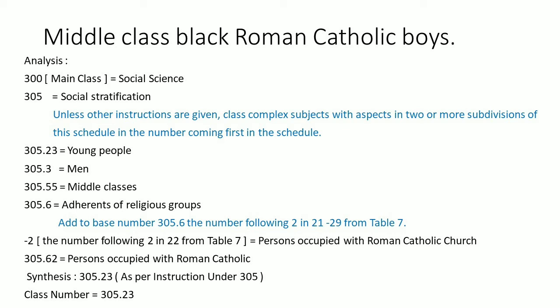I have written all the instruction and I have added Roman Catholic from table 7. The notation is 305.62. Here I have added the 2 after the 6 from table 7. It will indicate the person occupied with Roman Catholic.